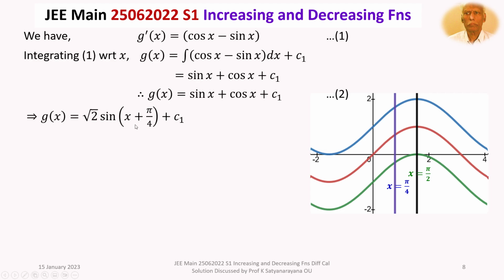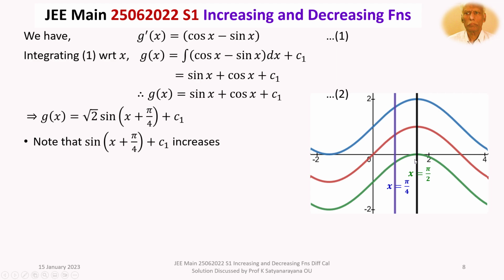So what are we going to discuss now about g of x? Note that for sin of x plus pi by 4 plus c1, when x is equal to 0, it will be sin of pi by 4 plus c1. And when x is equal to pi by 4, it will be sin of pi by 4 plus pi by 4, that is sin of pi by 2 plus c1.